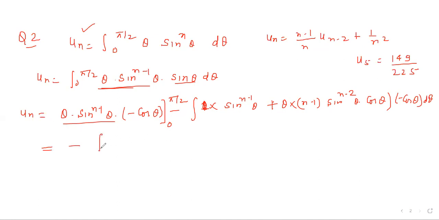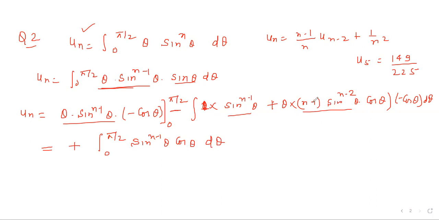Now we are left with this, where minus cos theta is valid for both terms. So this minus sign will make it plus sign, and then integral 0 to pi by 2 of sine n minus 1 theta into cos theta d theta. Then we write the second term.